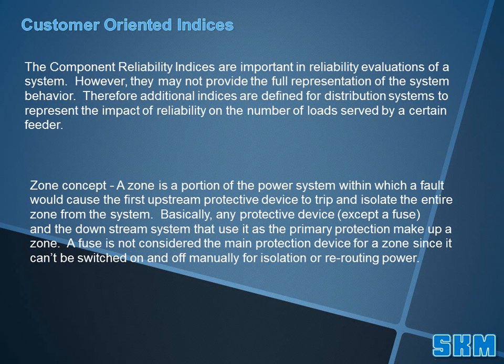Basically, any protective device except a fuse, and the downstream system that may use the protective device as a primary protection, make up a zone. A fuse is not considered the main protection device for a zone, since it cannot be switched on or off manually for isolation or rerouting power.